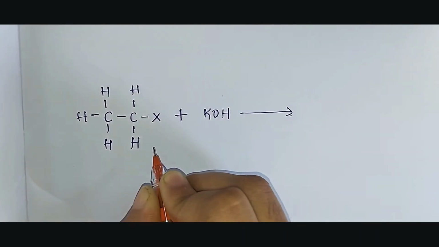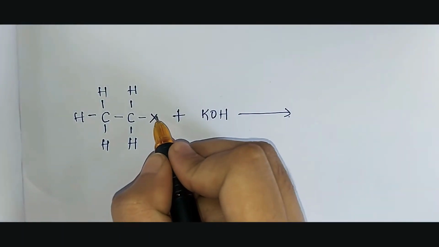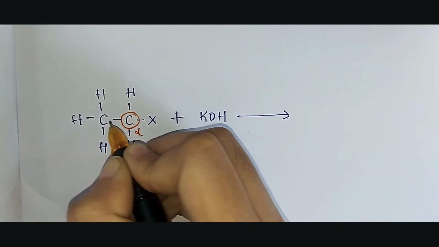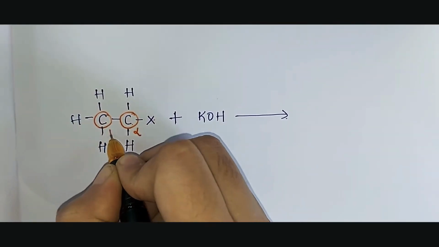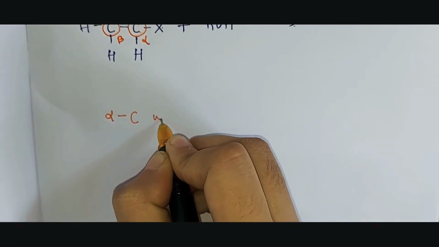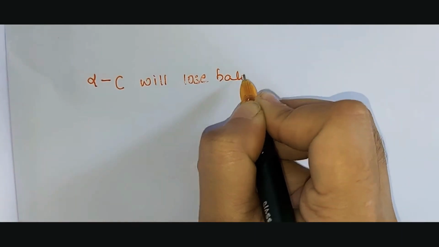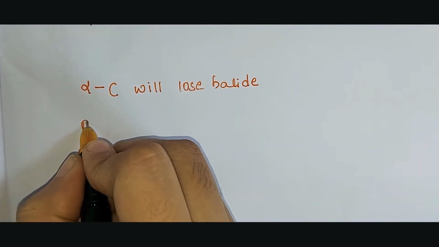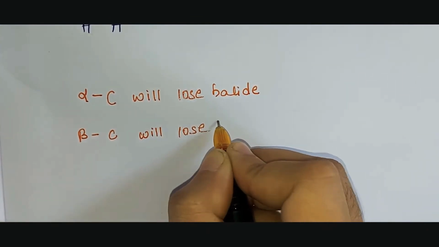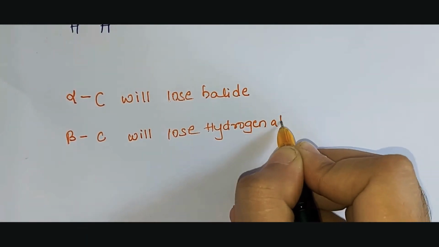The carbon to which the halogen is attached becomes alpha, and next to alpha becomes beta. The alpha carbon atom will lose its halogen atom, whereas the beta carbon atom will lose its hydrogen atom. These 2 things you have to remember in an elimination reaction. Always the alpha carbon atom loses the halogen, whereas the beta carbon loses the hydrogen atom. And since the beta carbon loses a hydrogen atom, it is also called beta elimination.